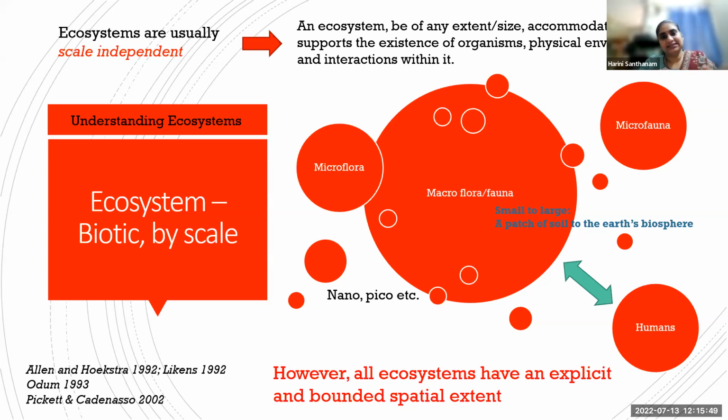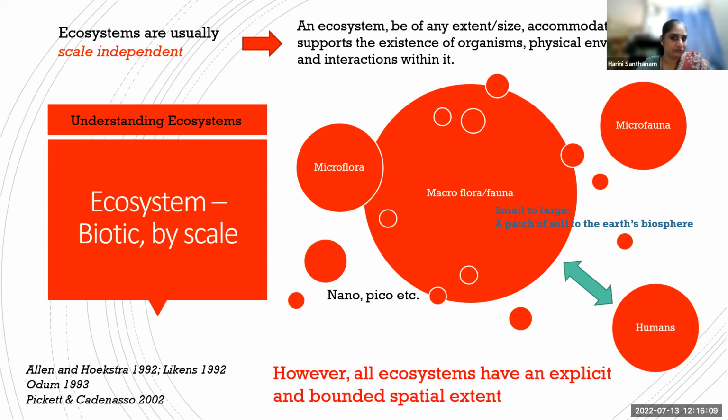So the scale is not the factor here, but the interactions of the organisms, the set of pathways. I will not even call it harmonious, because there is also going to be negative feedback. The interactions, the feedbacks, and the organisms with the abiotic environment can be of different scale.